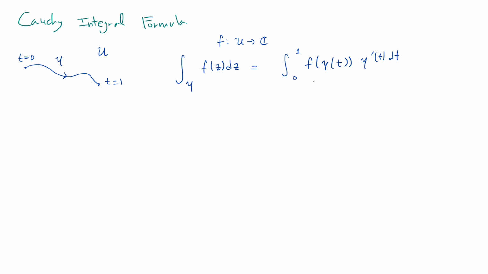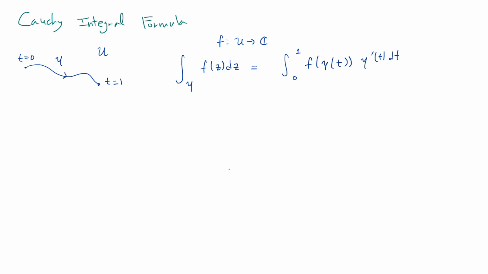Of course, there are some things to check, like this is well defined: if you're speeding up here and slowing down there, or using a slightly different parameterization, we still have the equality, so everything is consistent. But none of these are too hard to show.